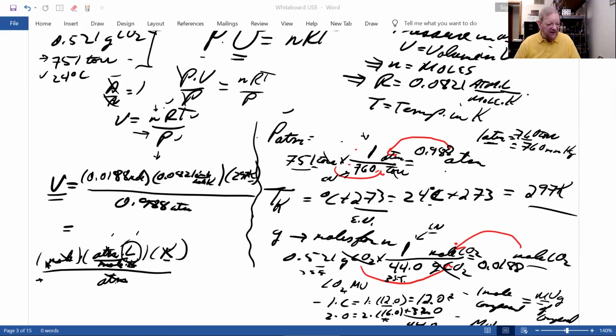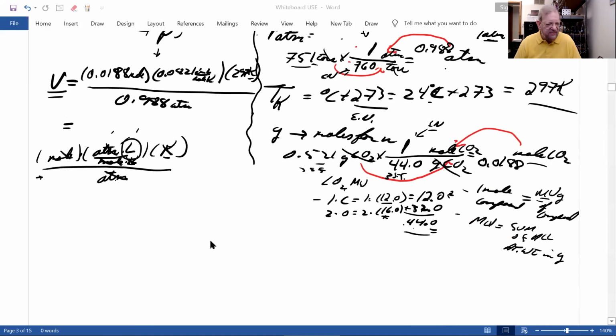What I did down here, because I wrote it too small, this happens sometimes on a whiteboard too in class, I wrote it small to not run into space over here. I just took the units from each one of these here. And I just want to make sure, do I get a unit of volume when I do all this multiplication and division? And the answer is, don't know, I better check.